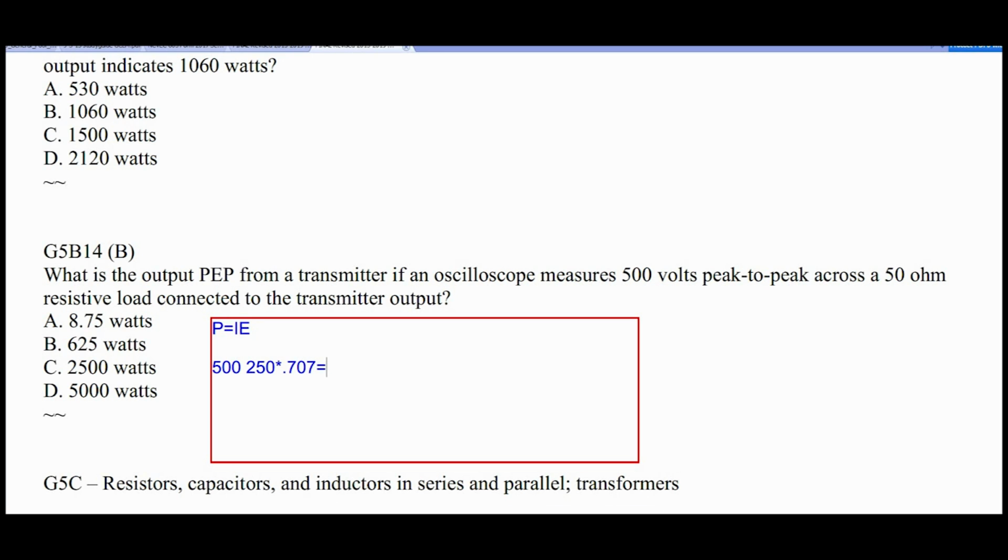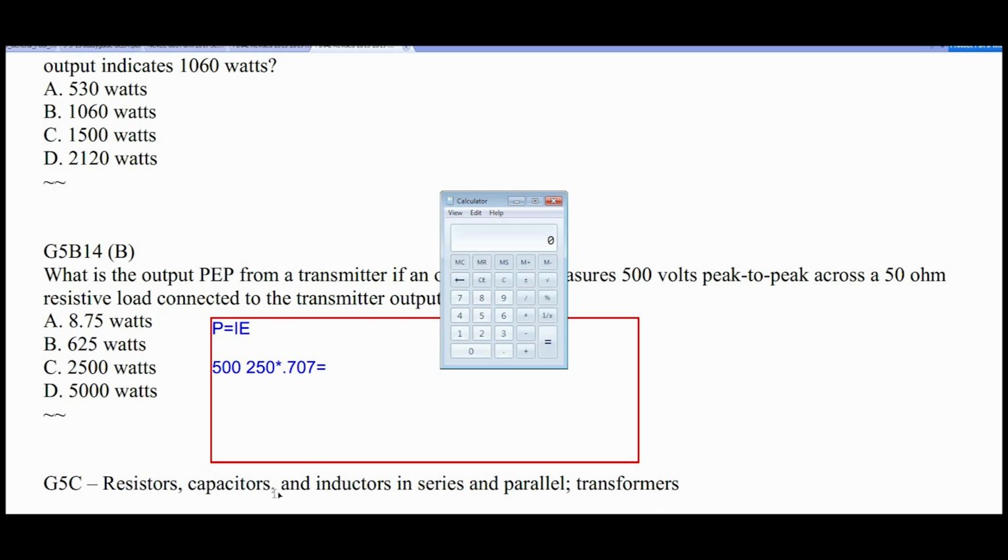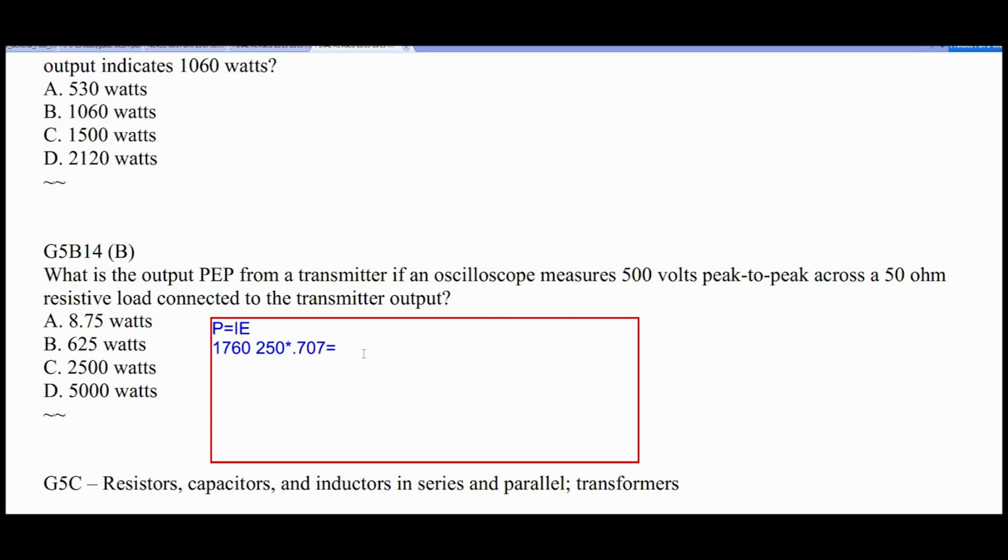So let's see what that is. We've got 250 volts times 0.707 equals 176 volts, 176.75. All right, so that's really the voltage that we've got to work with.